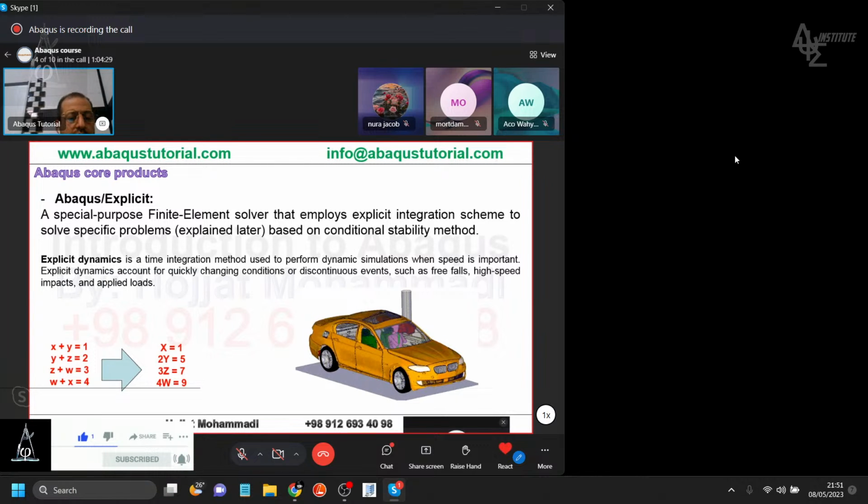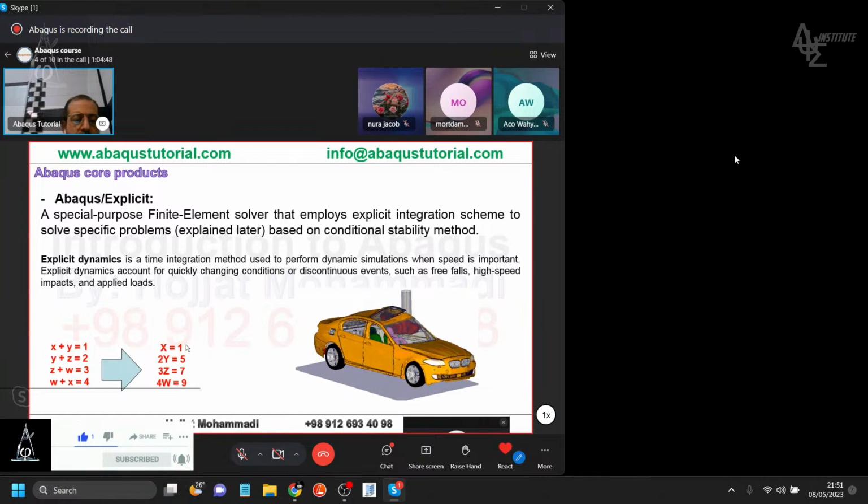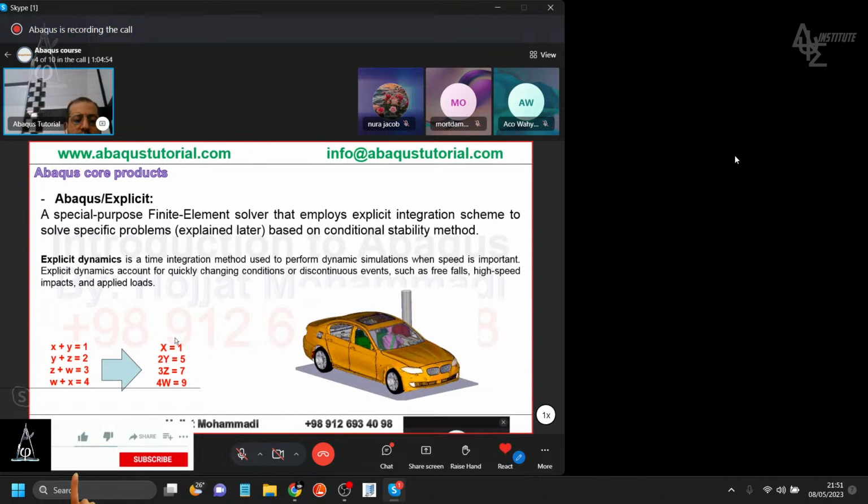In fact, in this solver, a new system of equations will be provided in which all variables can be obtained independently from the other equations.